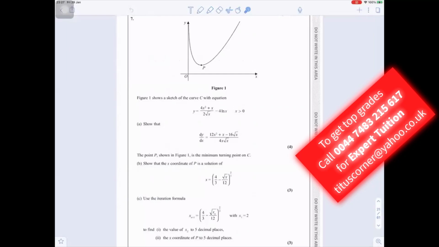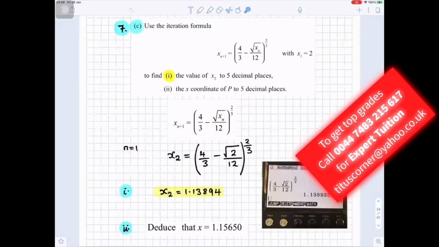Question 7c. Use the iteration formula. Find the value of x2 to 5 decimal places and the x coordinate of p to 5 decimal places. So when you want to use the iteration formula, we can start with n equals 1. So if 1 goes there for n, 1 plus 1 becomes 2. So we get x2.